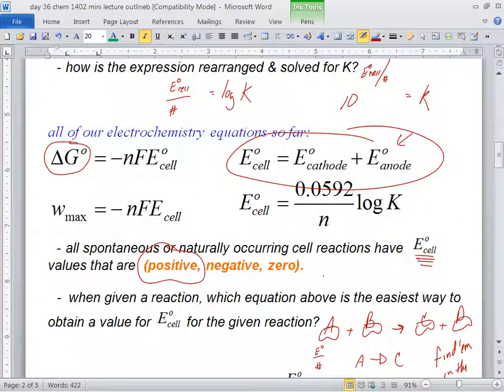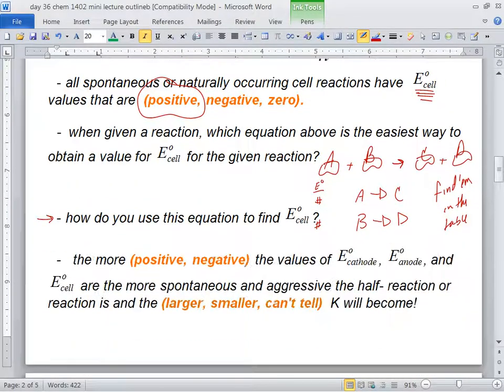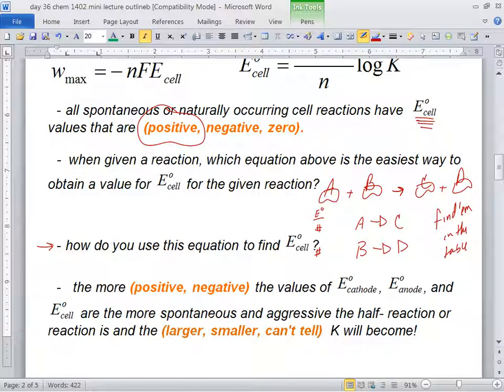If E0 cell is found that way, we add up these E0s in the table. The more positive or negative the values of E0 cathode and E0 anode and E0 cell, the more spontaneous and aggressive the half reaction is. The more positive these numbers, then the more spontaneous.